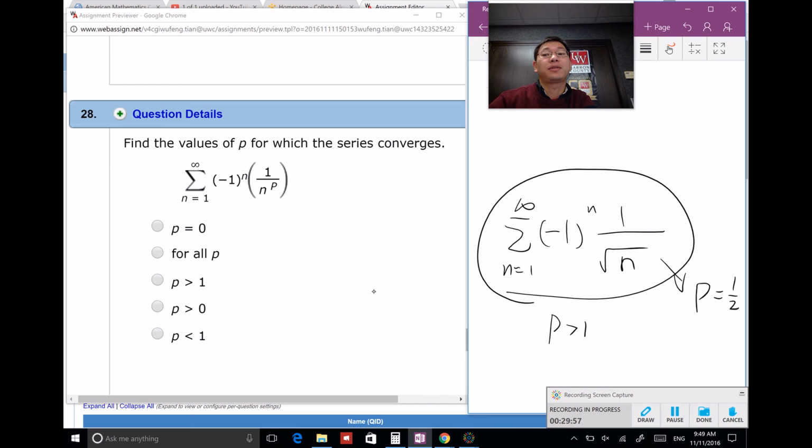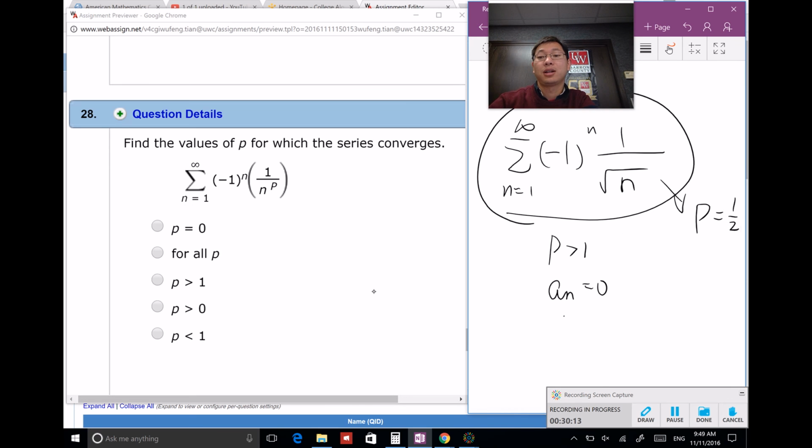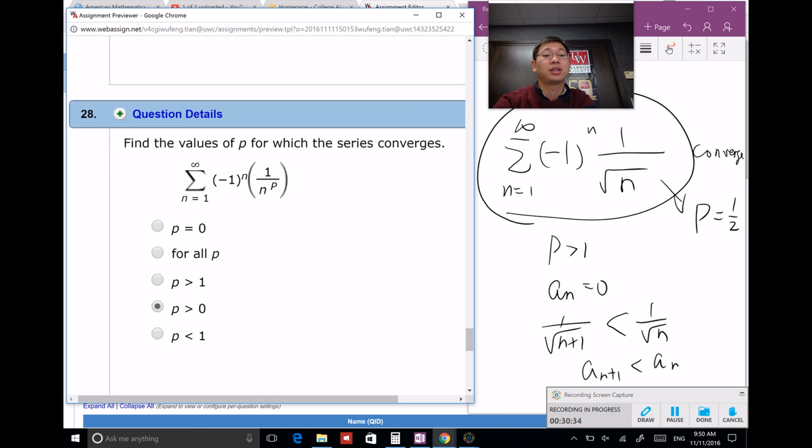Can anyone else tell me if this one converges or diverges? It's an alternating series. a_n goes to 0. That's true. Compare 1 over n plus 1 and 1 over square root of n. This is bigger, this is smaller, so the whole thing will be smaller, and a_(n+1) is less than a_n, so this one converges. The alternating series converges, so this one converges for p bigger than 0.